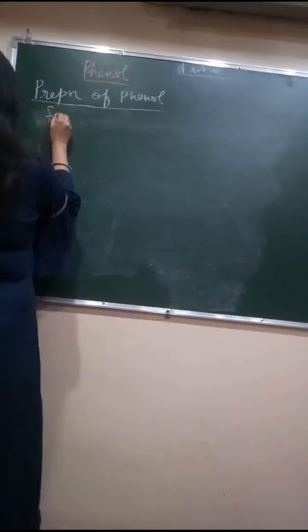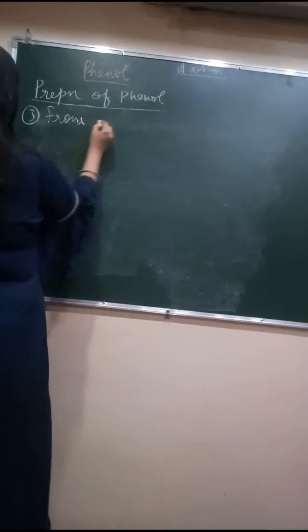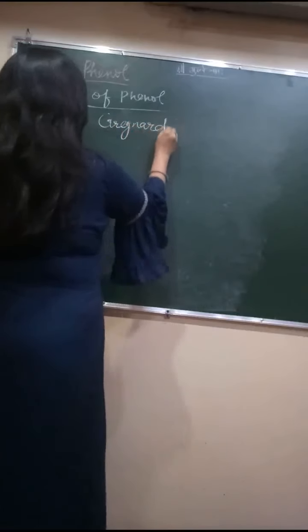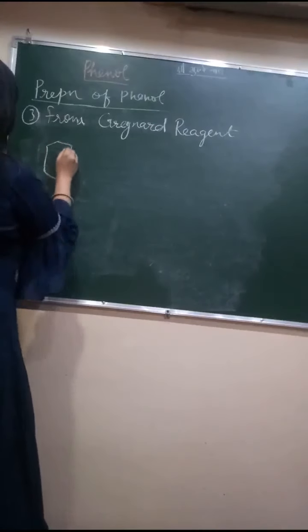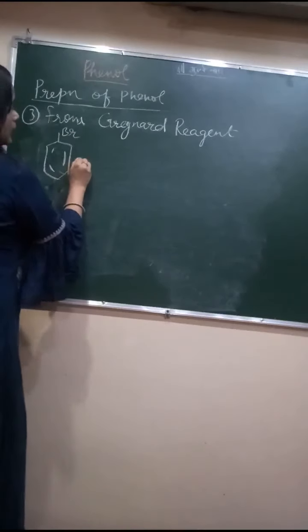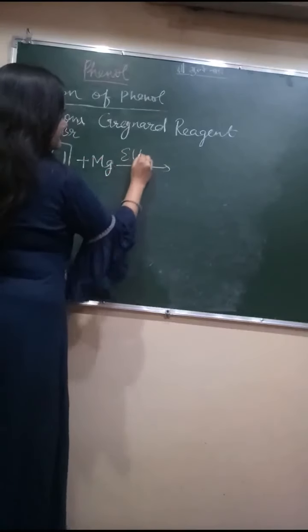Now comes the third preparation, from Grignard reagent. You all must be familiar with what a Grignard reagent is. Starting material, we will take bromobenzene. We can also take chlorobenzene. Now we treat it with magnesium in presence of ether.